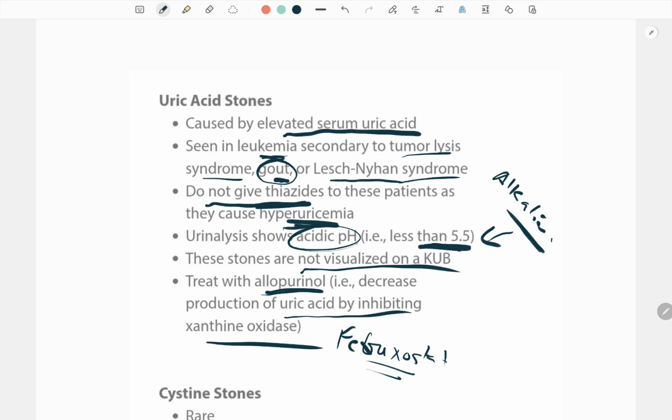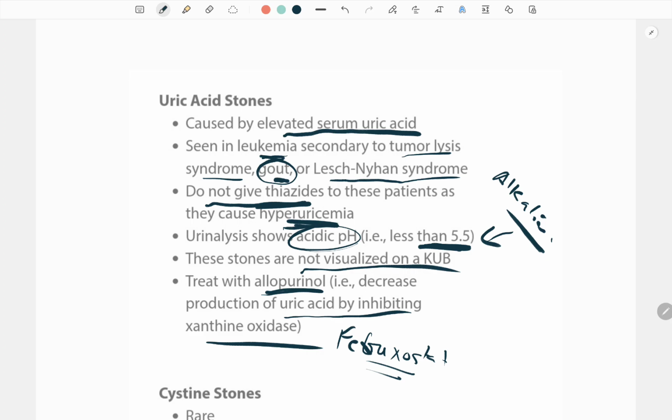Now we have to take good care when treating gout. The first line treatment for chronic gout is xanthine oxidase inhibitors, like the allopurinol and febuxostat we talked about. They are preferred over uricosuric drugs, meaning drugs that increase the urinary excretion of uric acid.